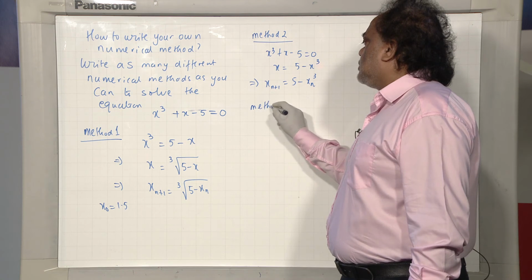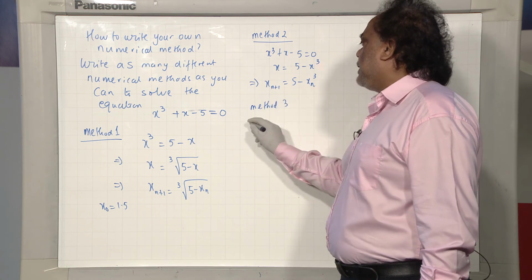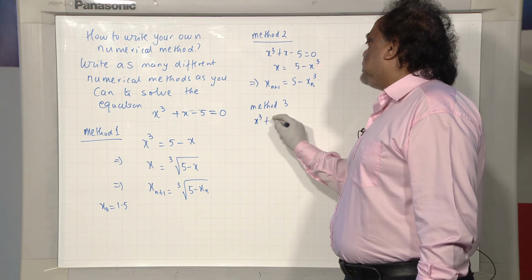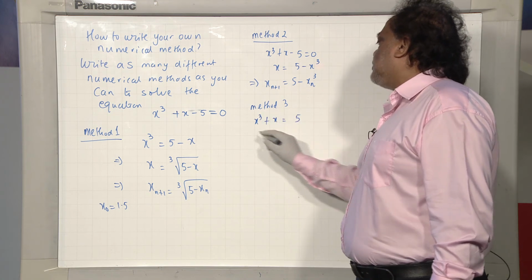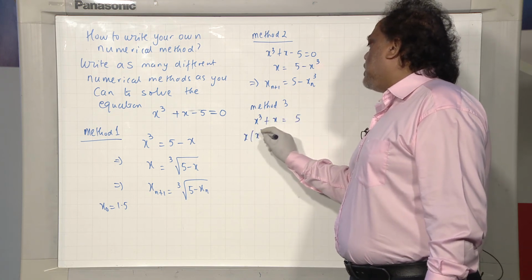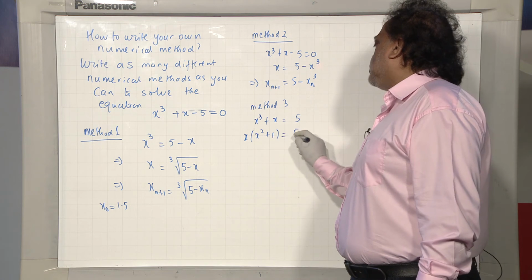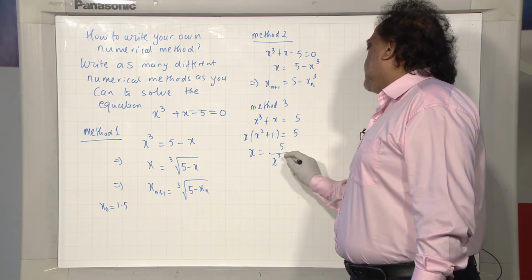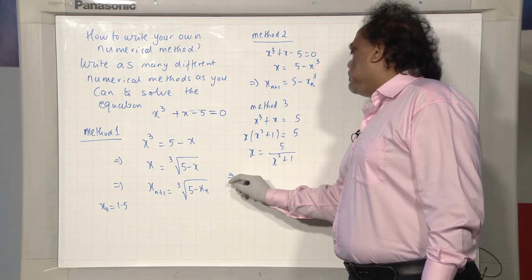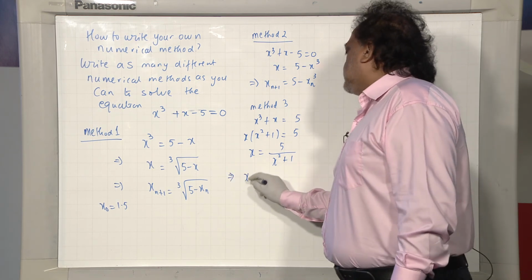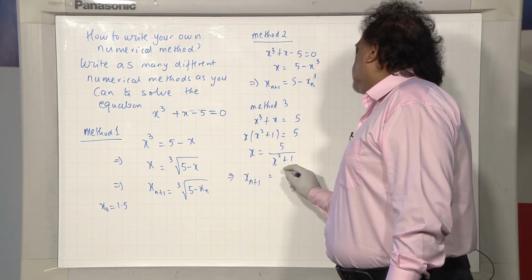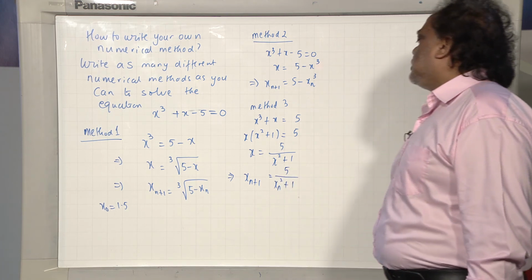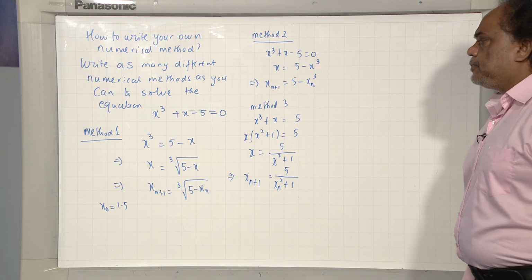Method 3: I can start by saying, well, x cubed plus x equal to 5. If I factorize, x times x squared plus 1 equal to 5. So x equal to 5 over x squared plus 1. Adding the index, xn plus 1 is equal to 5 over xn squared plus 1. That's another method.